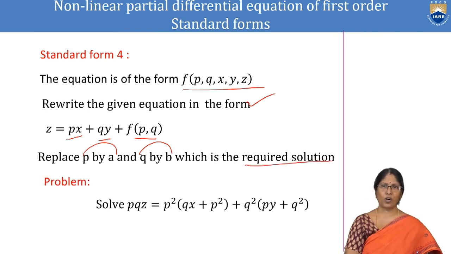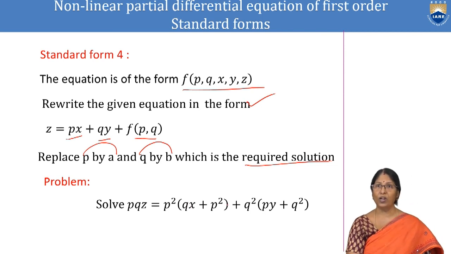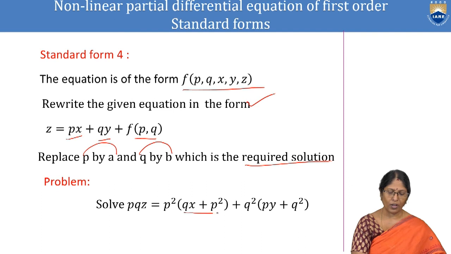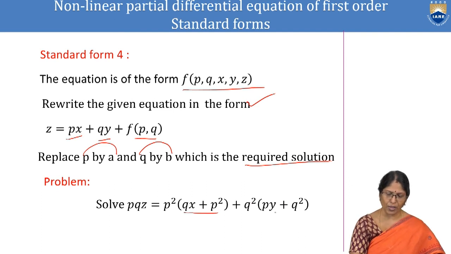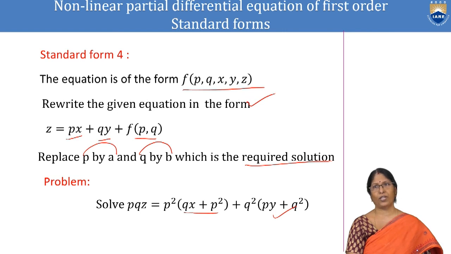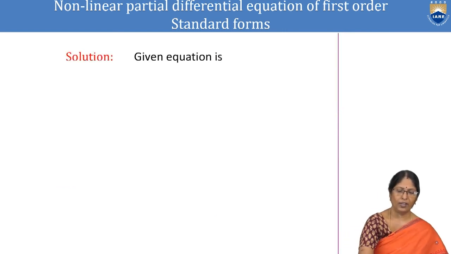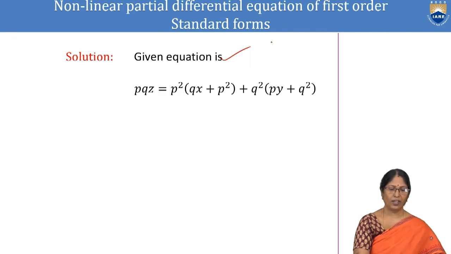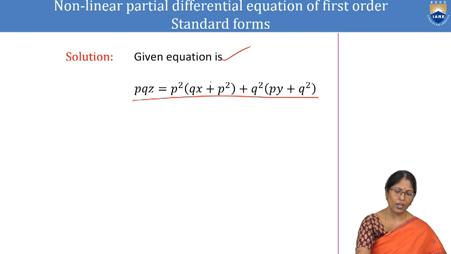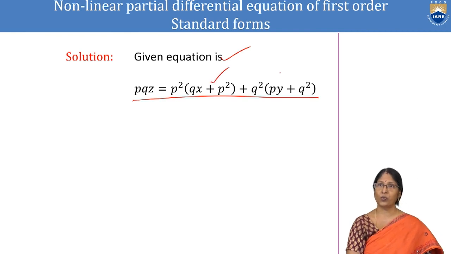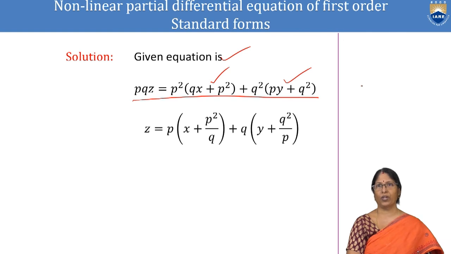So we will do the problem. Solve pqz equal to p square of qx plus p square plus q square of py plus q square. Solution. Given equation is pqz equal to p square of qx plus p square, q square of py plus q square.